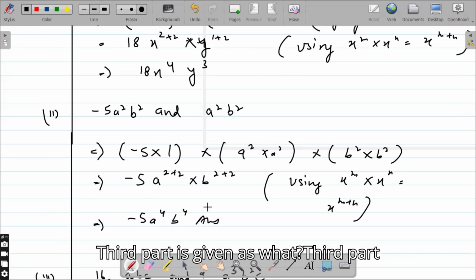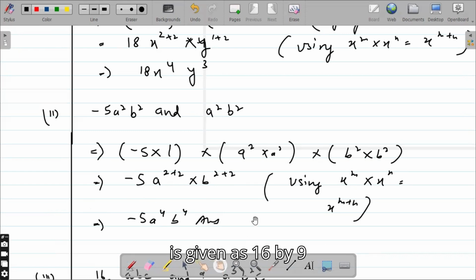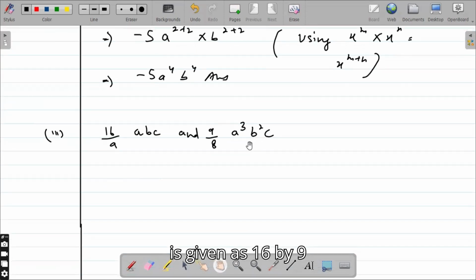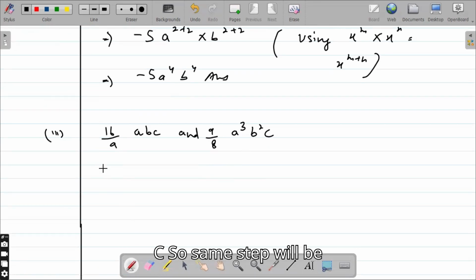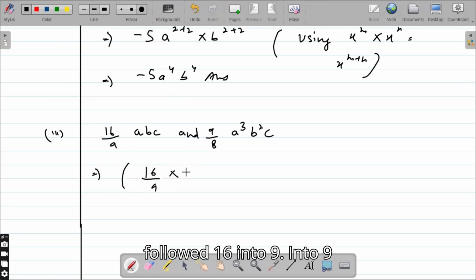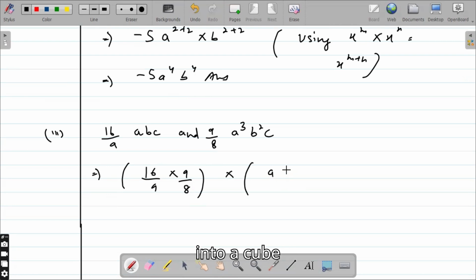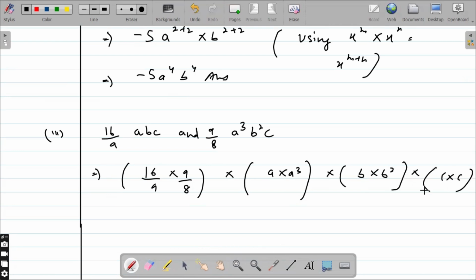Let's move further. Third part is given as 16 by 9 abc and 9 by 8 a cube b square c. So same step will be followed. 16 into 9 by 8. Split it all: a into a cube into b square into c.